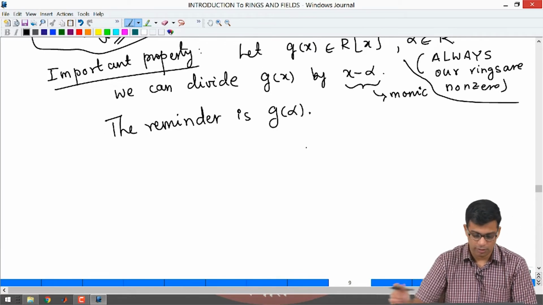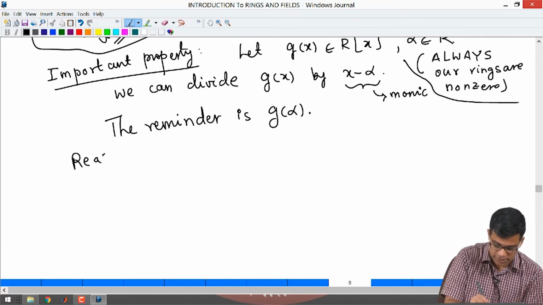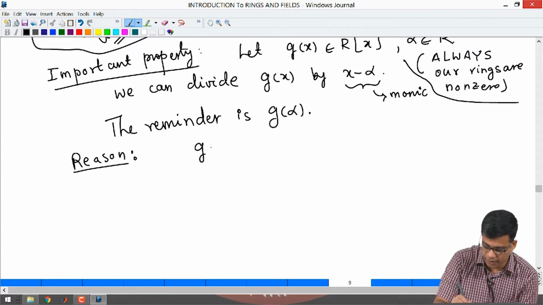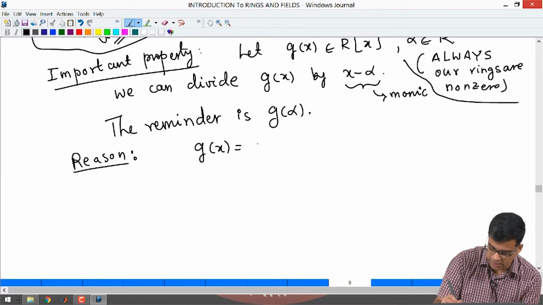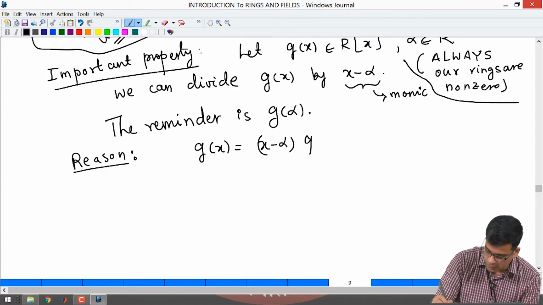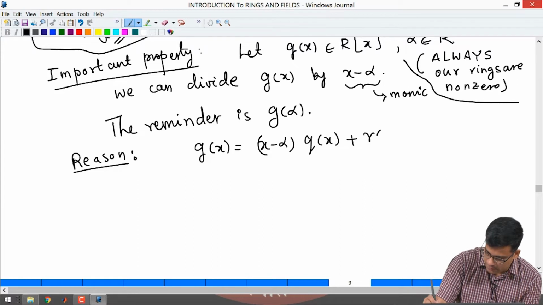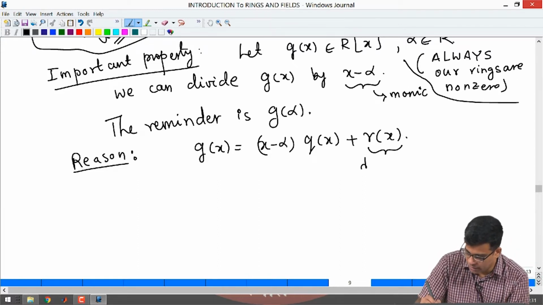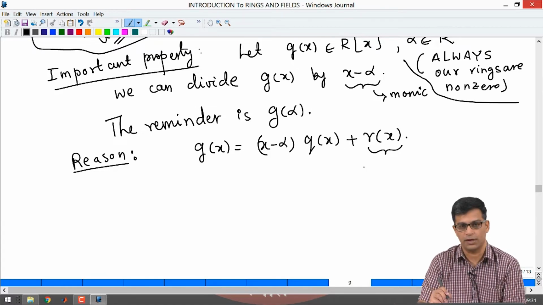Why is that? The reason for this is the following. Remember, when you divide g(x) by x minus alpha, you will have some q(x) here plus some remainder. We know the properties of the remainder.